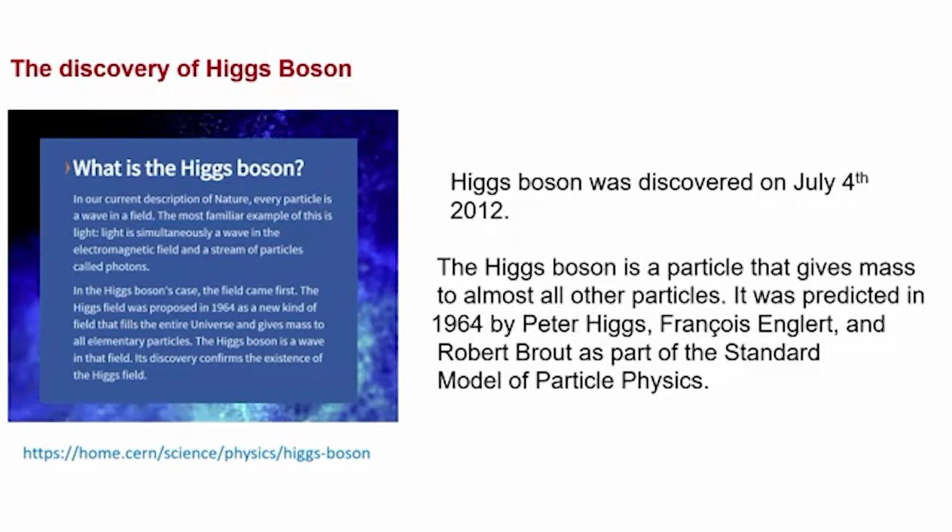What's being said is that the field was discovered, but the particle was missing for all these years, and it's basically a wave in that field. The discovery confirms the existence of the Higgs field. And once again, the Higgs boson is a particle that gives mass to all other particles. It was predicted by Higgs, Englert and Brout as a part of the standard model of particle physics.